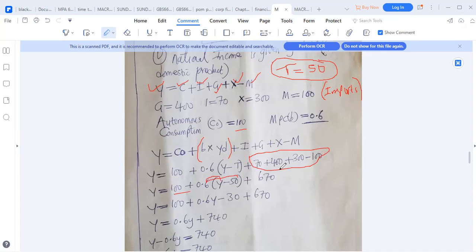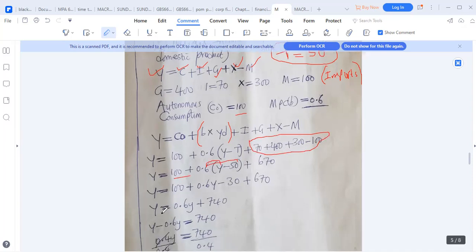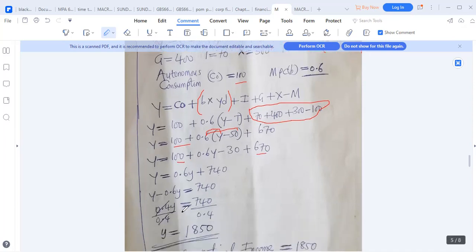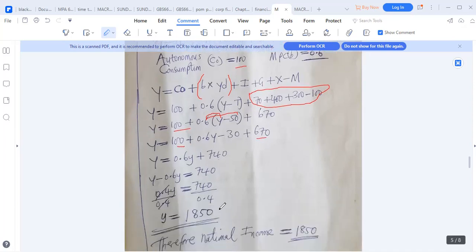So Y is equal to 0.6Y plus the addition of these, which is 740 here, minus that. So our national income is 1,850. This is what we have as our national income.